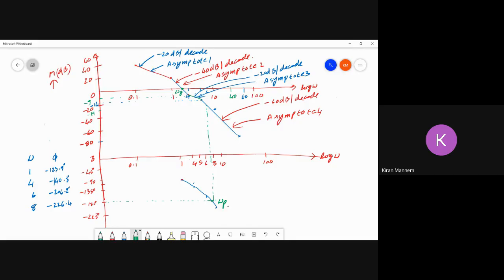It is touching at minus 12 dB, somewhere here.